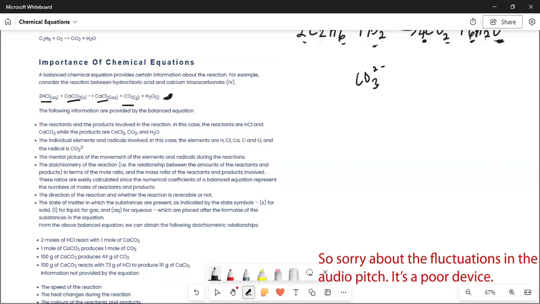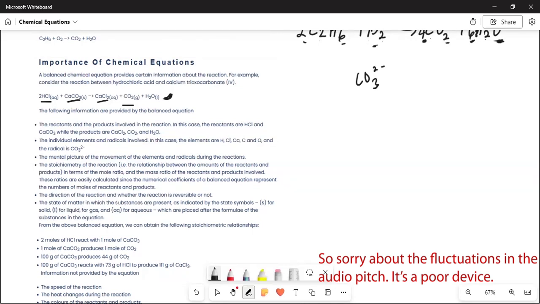You can see we are pointing an arrow from the reactants to the products. That means the items on the left-hand side are the ones that combine together to give the items on the right-hand side. It's a mental picture of how this movement occurs.